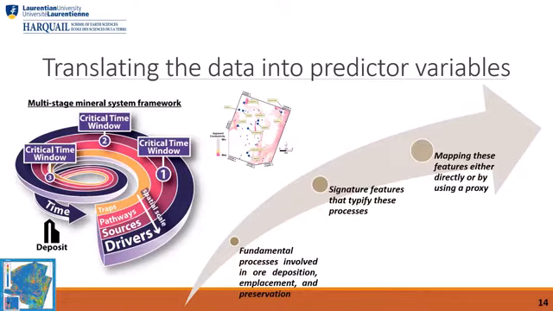So what we should do is define the main processes that are involved in the development of mineral deposits. These processes are usually drivers, which trigger the generation of fluids that are important for us.